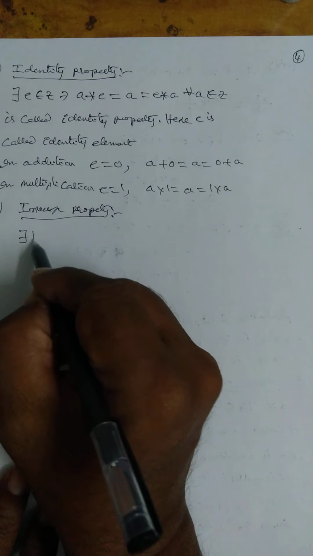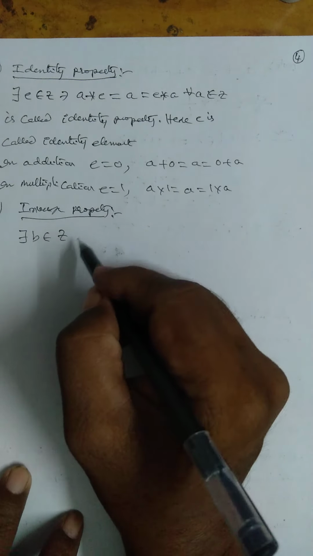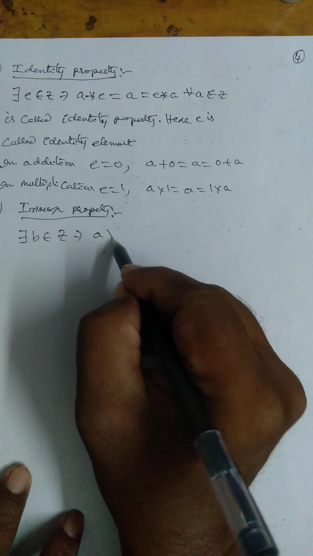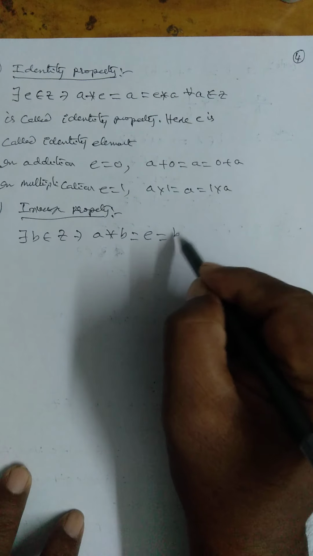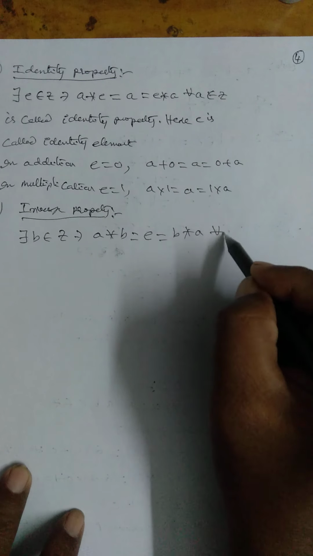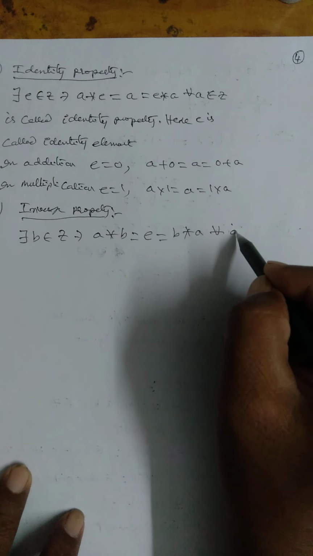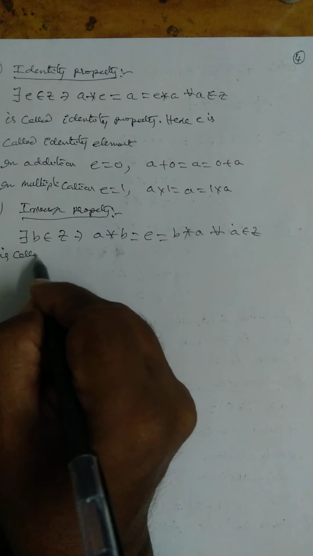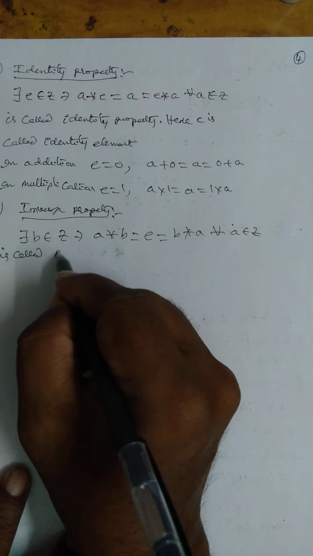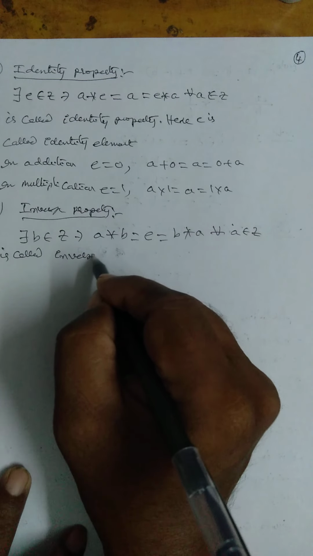There exists B belongs to Z such that A star B is equal to E is equal to B star A for all A belongs to Z is called inverse property.